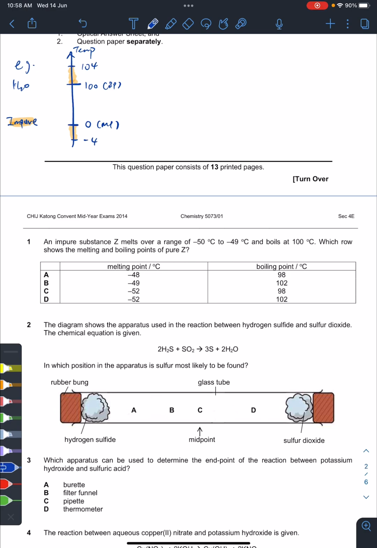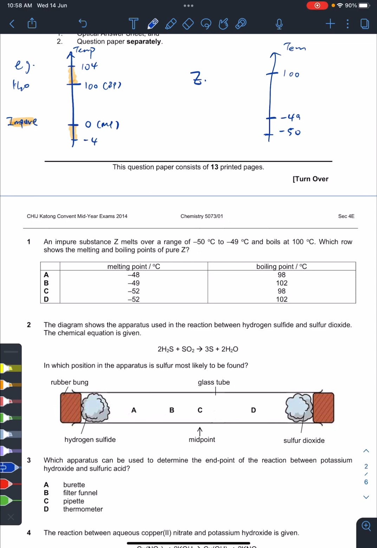Now let's look at this question. This question says substance Z melts over a range of -49 to -50. It boils at 100.